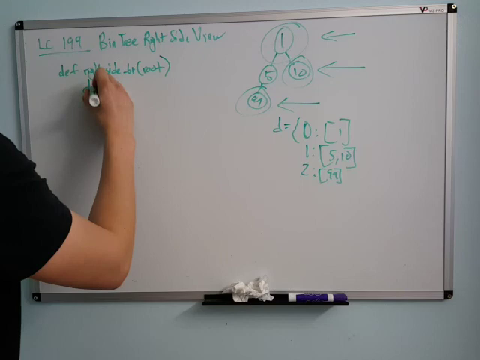So we need a results array to store the last elements, and we need to populate D, right? So we'll do our helper function, which I'll just call DFS. I guess it's not even DFS. So I'm going from here, and then I'm getting the depths. Yeah, I'll just say get depths.